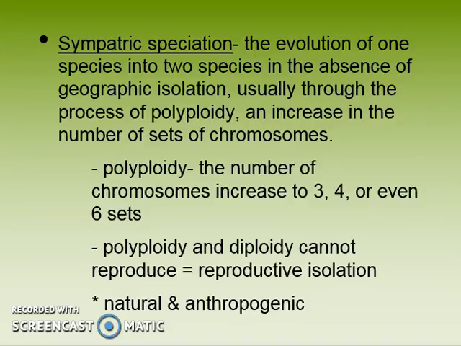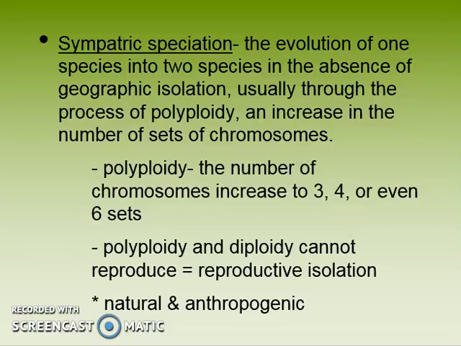Then we have sympatric speciation. This type of speciation occurs because there is a change in the number of chromosomes. Polyploidy is when the number of chromosomes increases from 2 to 3, 4, or 6 sets of the same chromosome. We have 2 sets of the same chromosome. If for some reason polyploidy happened and somebody got 3 sets of all their chromosomes, they would actually be a different species.